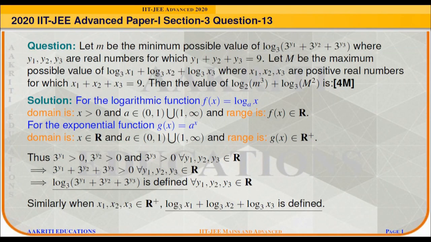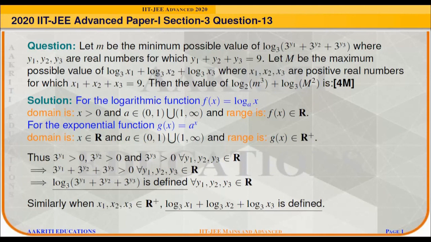Okay, so in this question, logarithmic and exponential functions are given. Let f of x be any logarithmic function given as log x to the base a, then it is valid when x is greater than 0 for all a belonging to (0,1) union (1,infinity), and its values are all the real numbers.